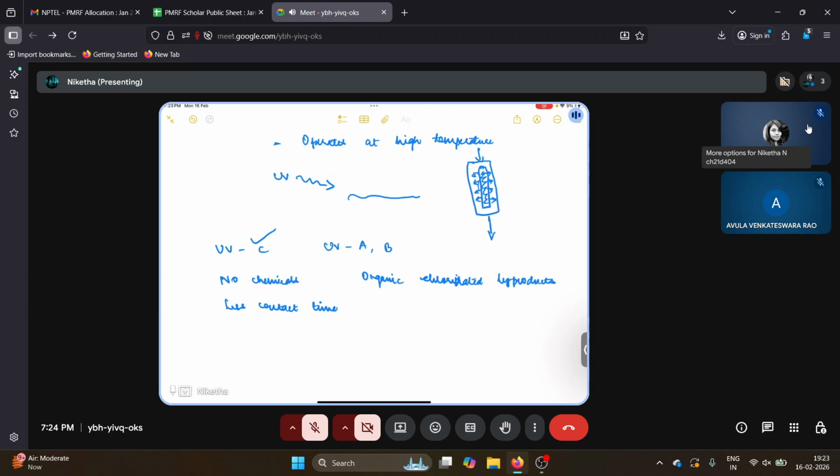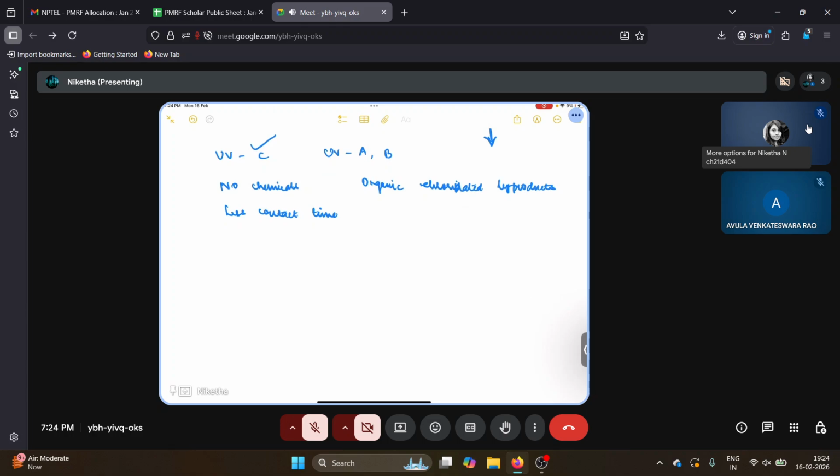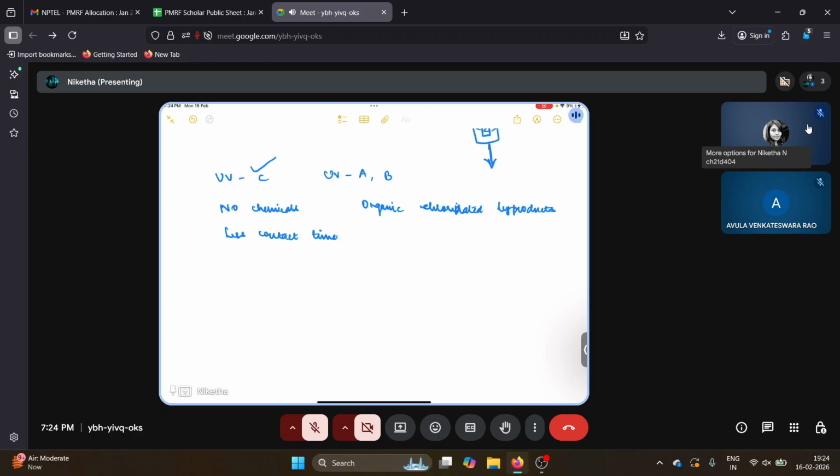So it doesn't require any contact time. The water can just pass through and come out, and while it does so, it will be disinfected. But in case of UV disinfection, once the UV radiation is removed, the residual microbes, if any, can multiply and grow also. So that disadvantage is there.